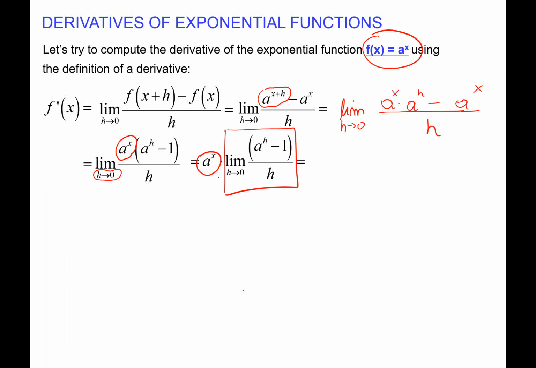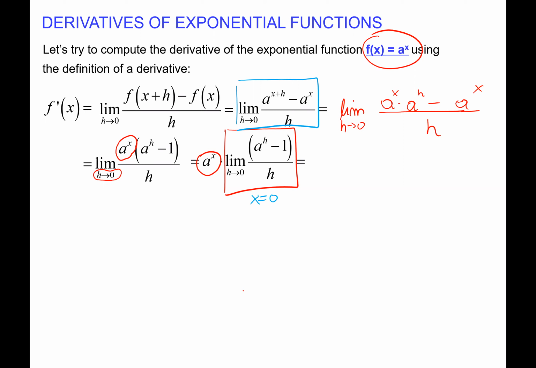If we look closer, this limit is really interesting because it looks almost the same as this one, but what's the difference? We have a to the h plus x, and this one is 1, which looks like a to the 0. That means the red box is the same as the blue box with x being 0.